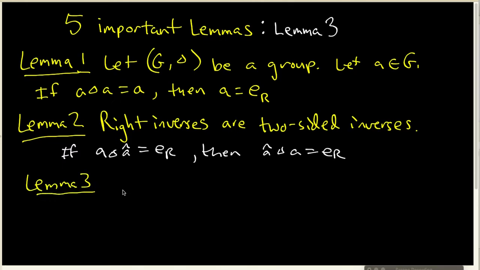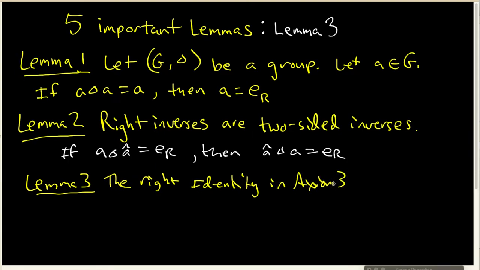And lemma 3 states that the right identity element in axiom 3 is actually a two-sided identity element.